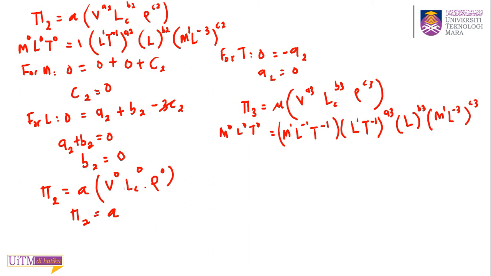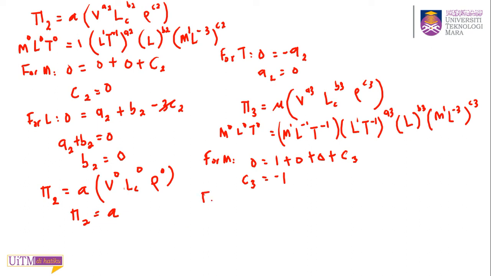So do the same again for M first. For M, 0 equals 1M here, so 1 plus 0, since V and L have no M, plus rho has 1M, so C3 will be equal to minus 1.